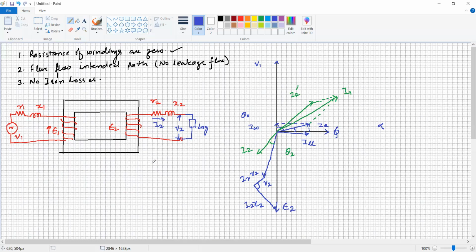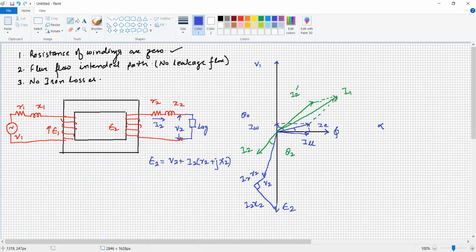We can write the equation E2 is equal to V2 plus I2 into bracket R2 plus j X2. Here it is the higher voltage side and the terminal voltage is slightly smaller because of the resistive drop and reactive drop across the winding.